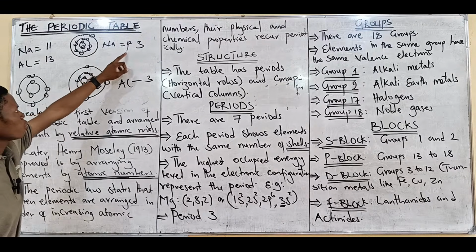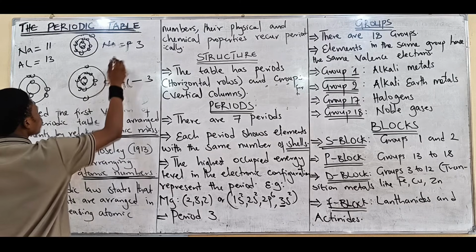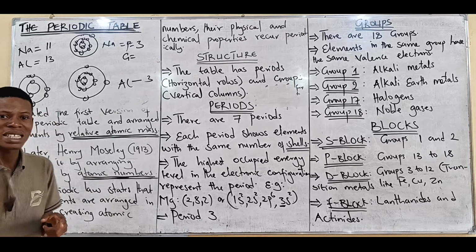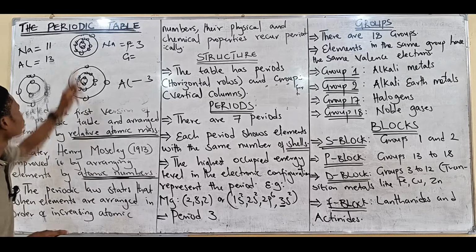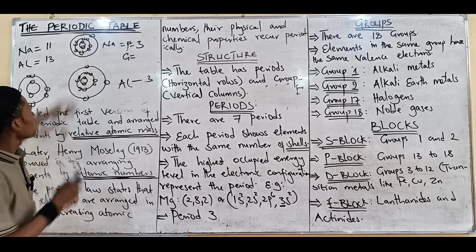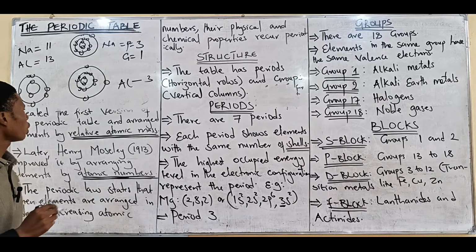Sodium, we already know it's in period 3 because it has 3 shells. What group will sodium fall into? If you want to know the group, just check how many valence electrons are in the outermost shell. How many electrons are in the outermost shell? Now look at the outermost shell here. How many electrons are here? Just 1. So sodium is in group what? Group 1, because it has one valence electron.